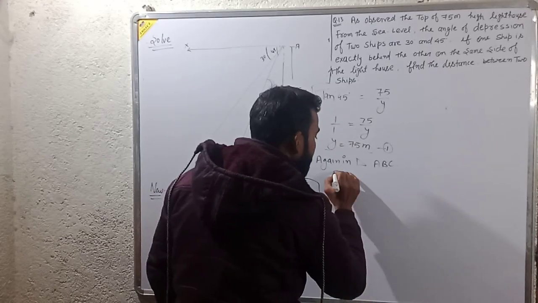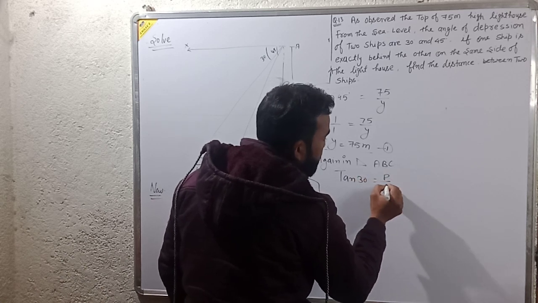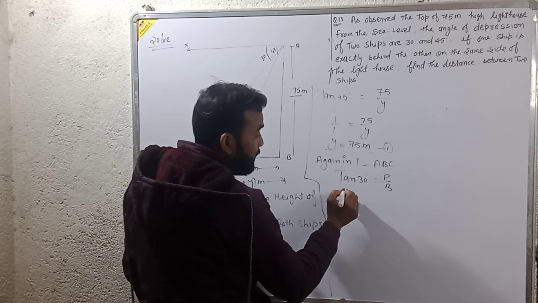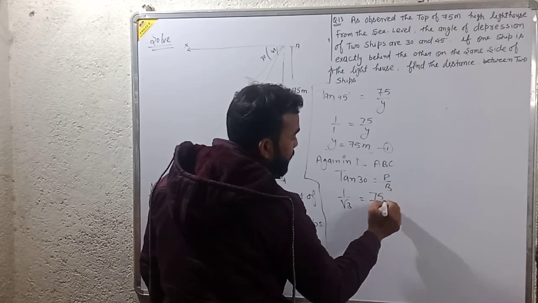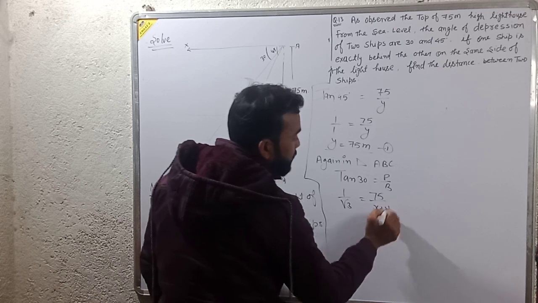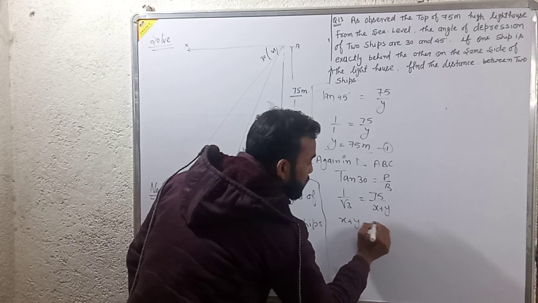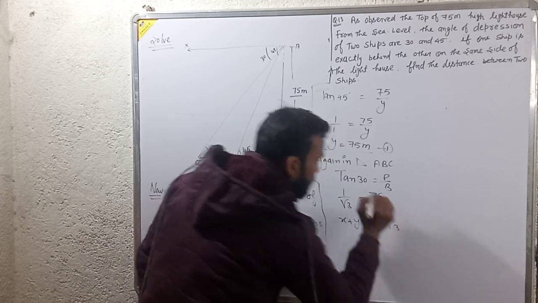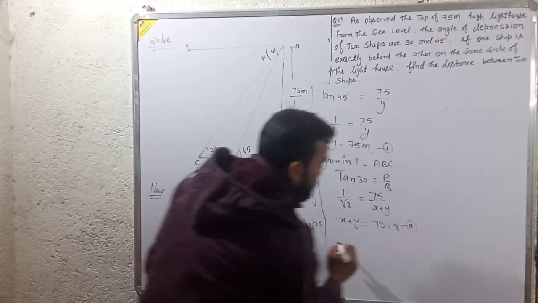So again tan 30 degrees is equal to P by B. Tan 30, that means 1 by root 3, is equal to 75 upon x plus y. x plus y is equal to 75 root 3. This is equation number second.